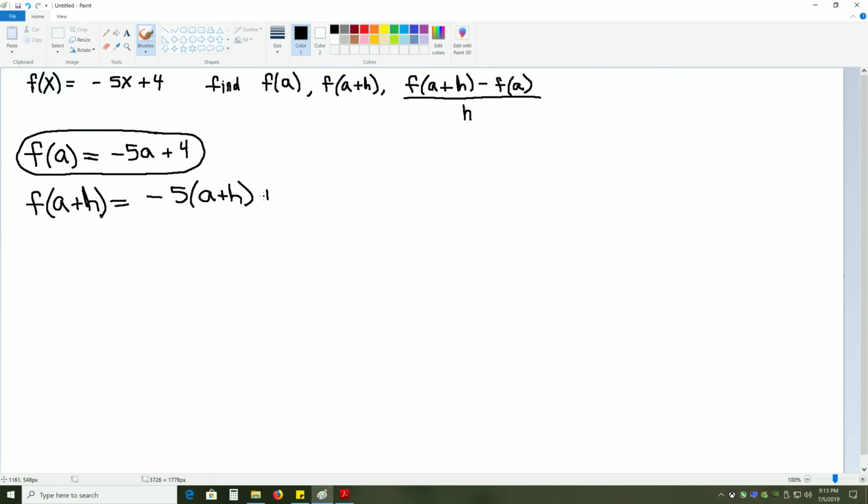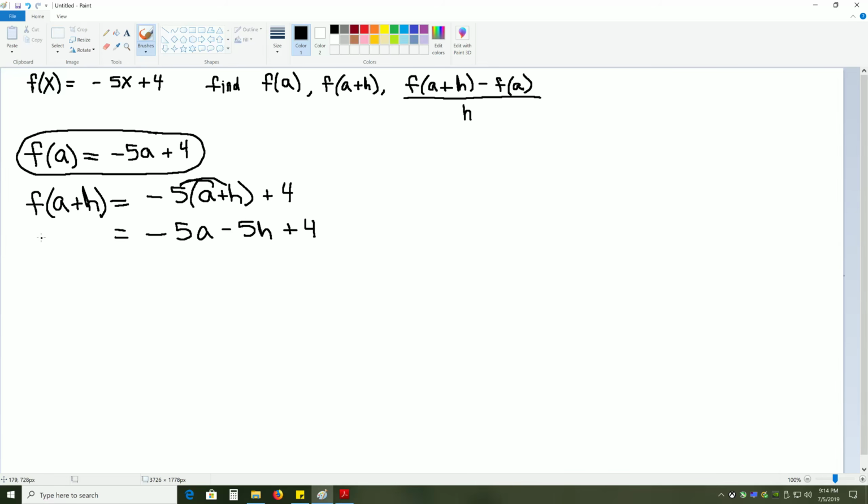And then we're adding 4 to it, which gives us negative 5a when we distribute the negative 5 to each term that's being added. So negative 5a minus 5h plus 4.